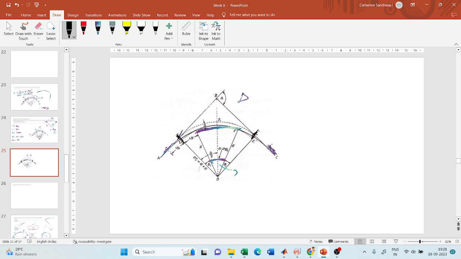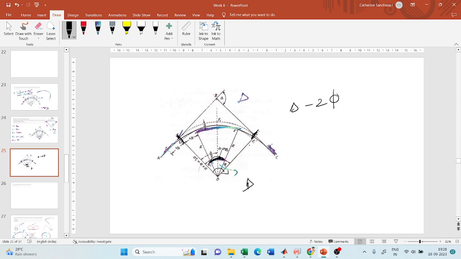So this entire angle will be my delta. So in order to find out this central angle, there is a formula. This central angle will be nothing but delta minus 2 into phi.